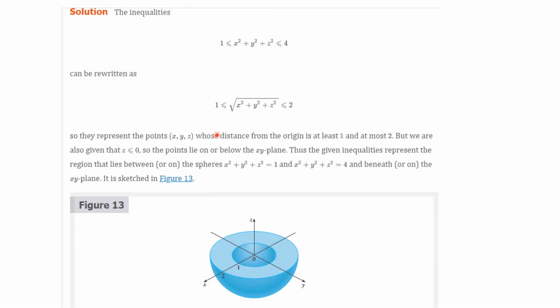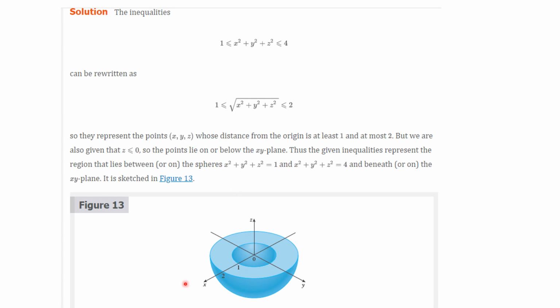So the inequalities are saying that this is the outside of a sphere of radius 1, and this is the inside of a sphere of radius 2. And if we took the square roots, we would end up with this. And now we know that z has to be less than or equal to 0, so it's underneath.